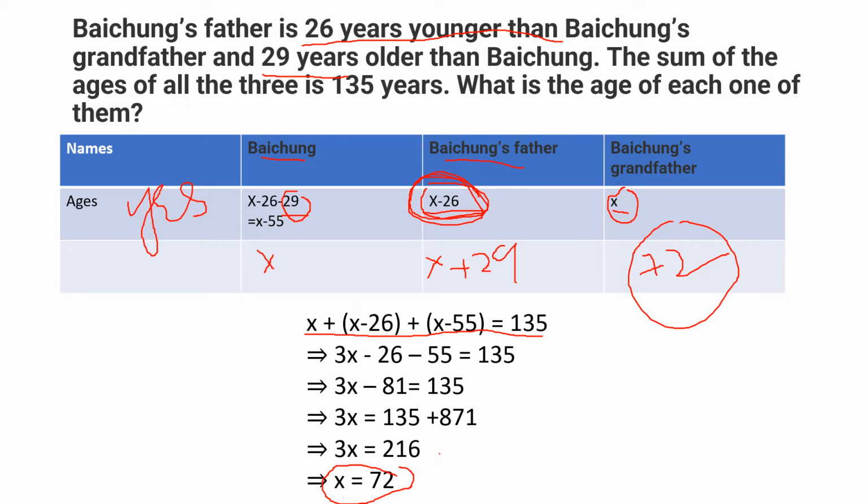It will be 72 minus 26, that is 46. So the father's age will be 46 years, and again Baichung's age is 46 minus 29, that is 17 years. So just see the difference between their ages and work accordingly.